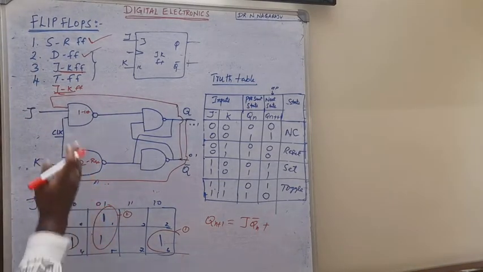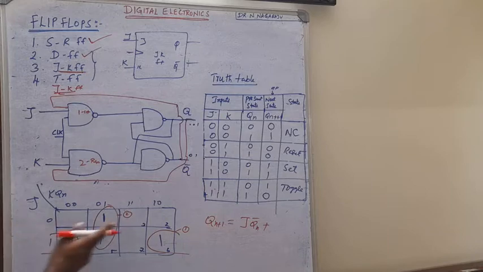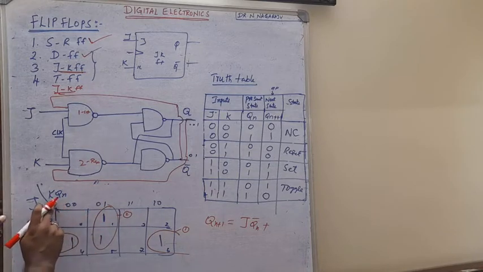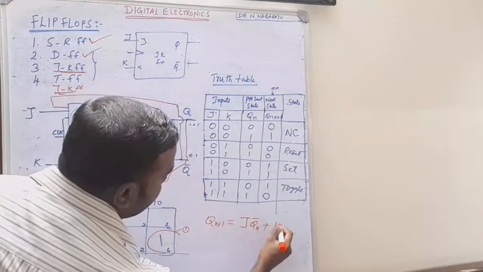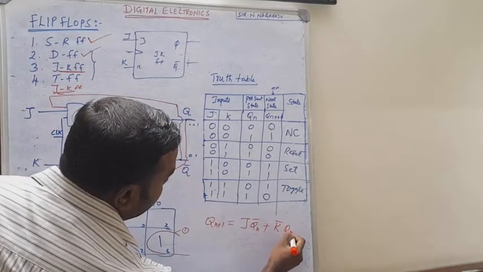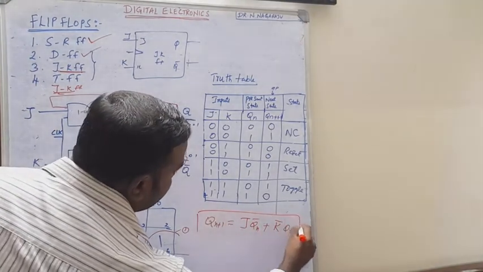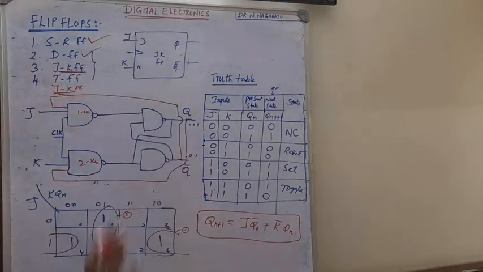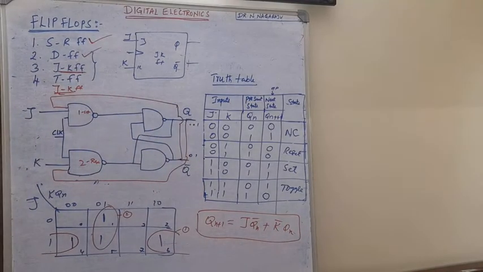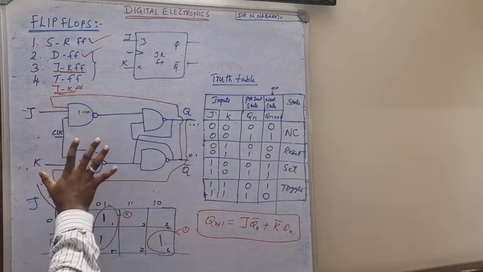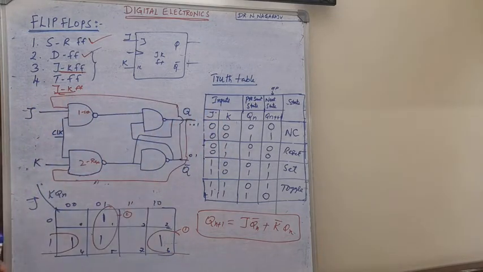This is column wise, so row wise is not possible, only column wise. Column wise, here 0, 1 is there. So K bar Qn. So this is the characteristic equation for the JK flip flop. Very simple concept. So now the JK flip flop logic diagram, truth table, K map and characteristic equation are over.